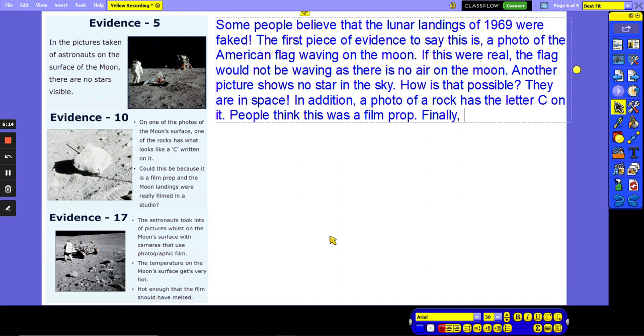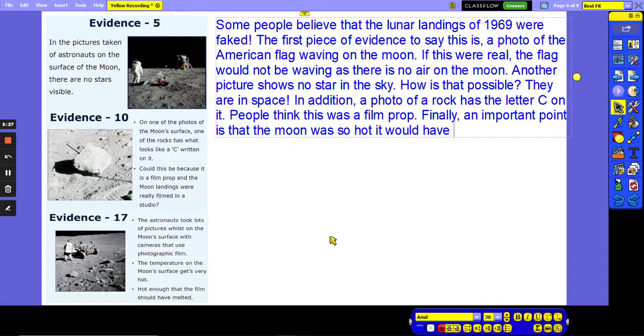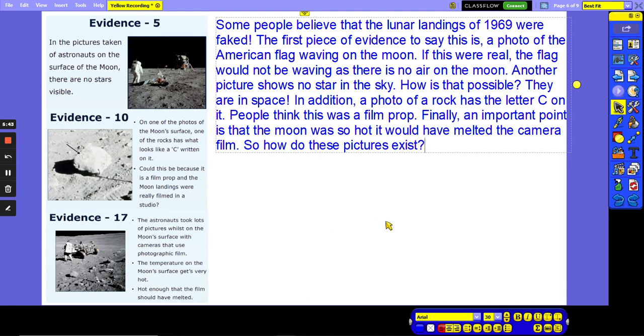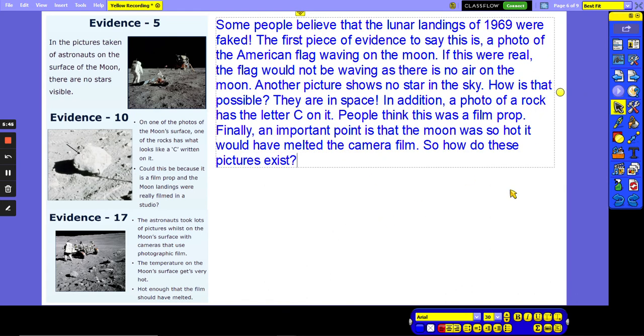Finally, an important point is that the moon was so hot it would have melted the camera film. So how do these pictures exist? Important question. And there we go.